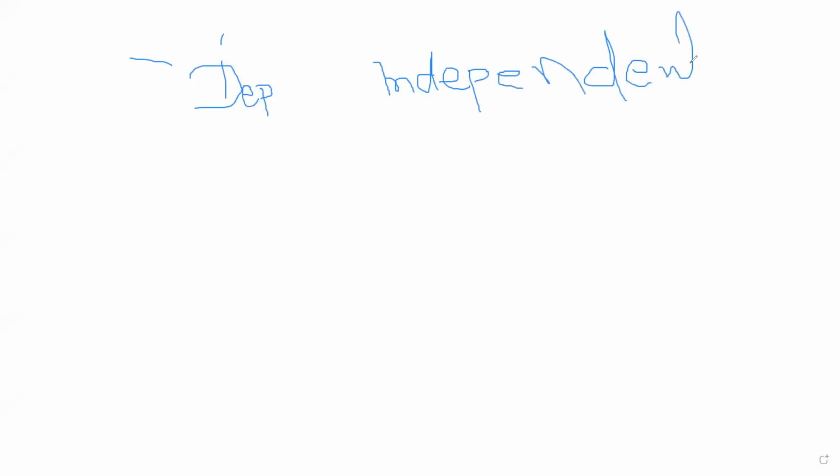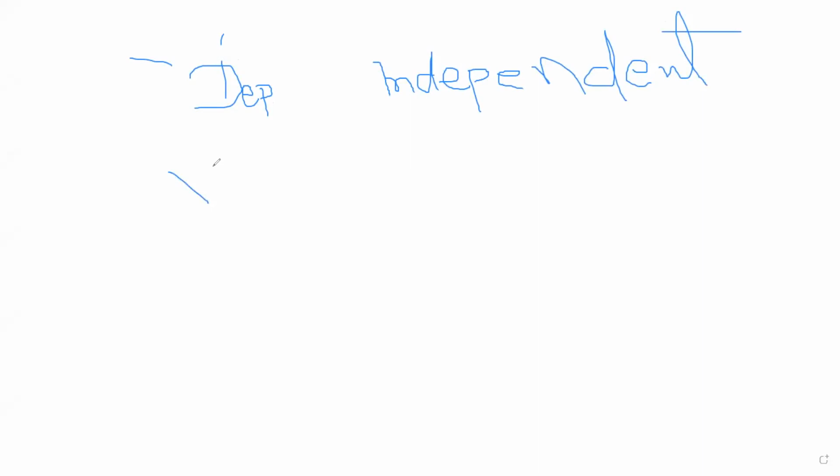Okay, you can see the whiteboard. Yes. Okay, thank you. So one is the dependent variable, and another is the independent variable. So what is causal relationship?